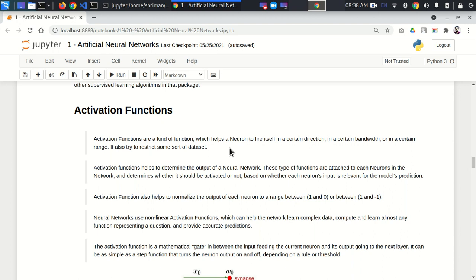So we have to do some kind of operations, and in that way these activation functions will help a neuron to fire itself in a certain direction, not in every direction, just in a certain direction, in a certain bandwidth, or in a certain range. It also tries to restrict some sort of data set. We will come back to this point later.